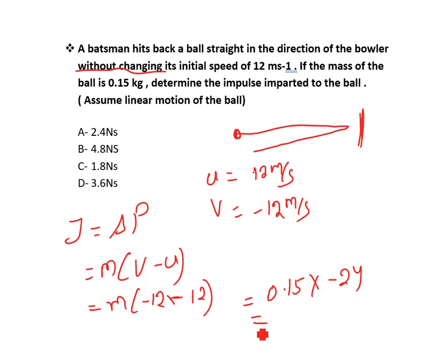If we calculate, you will get around minus 3.6 Newton second. So which is option D. So question number 5, option D.